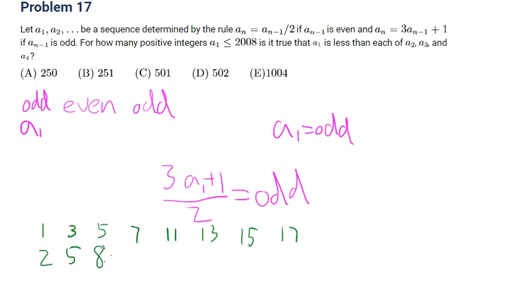That's 8. In fact, we could just continue the sequence, right? We don't even need to compute anything more. Well, we could do 3 times 7 plus 1 is 22, so this is 11. And then 14, 17. Yeah, you get it.